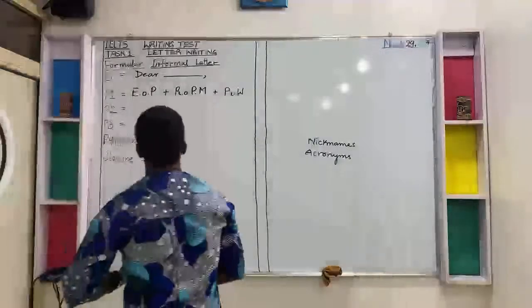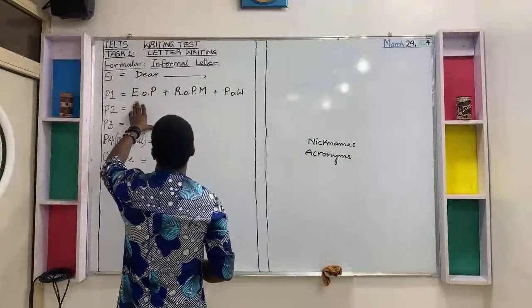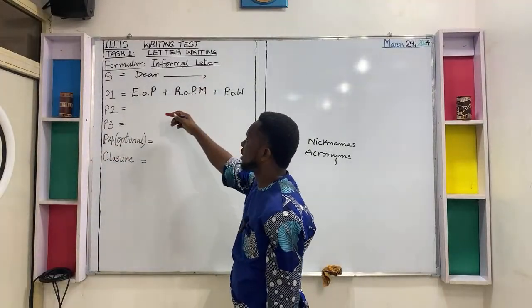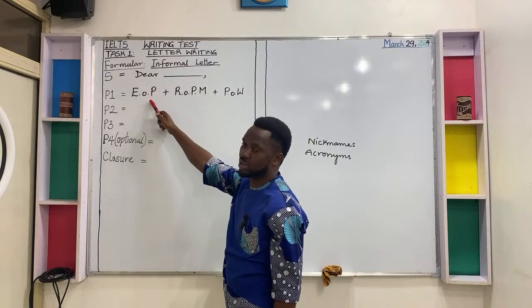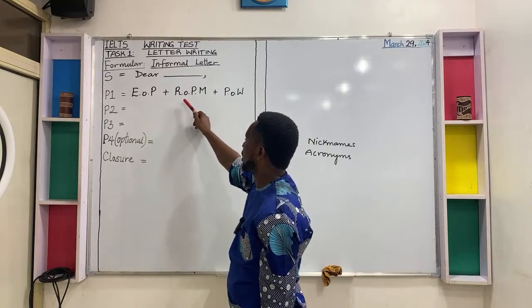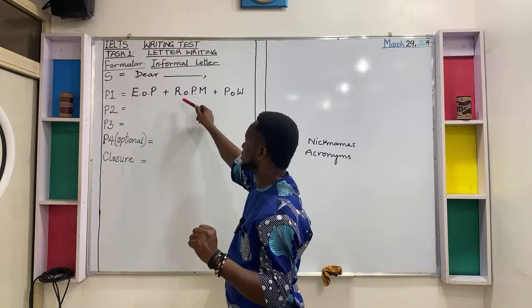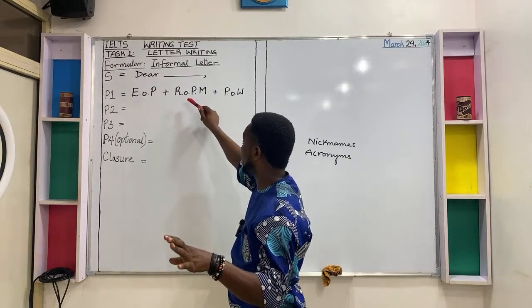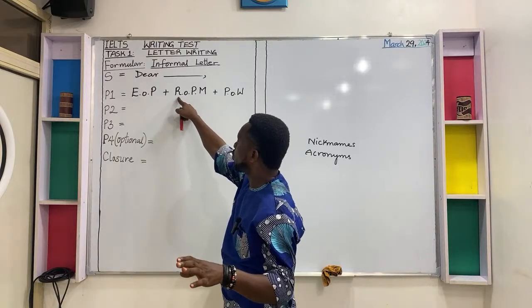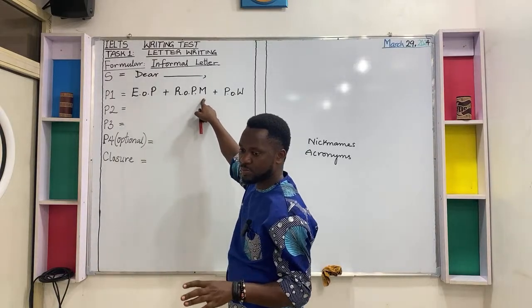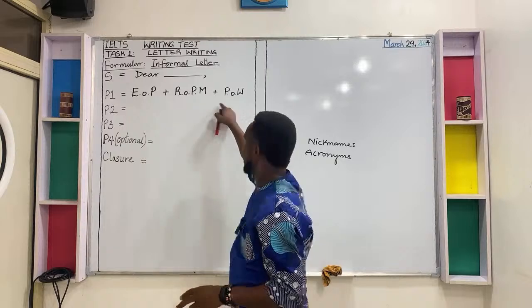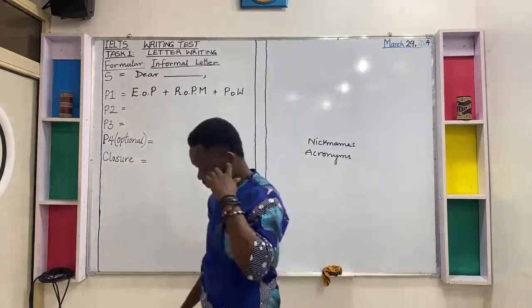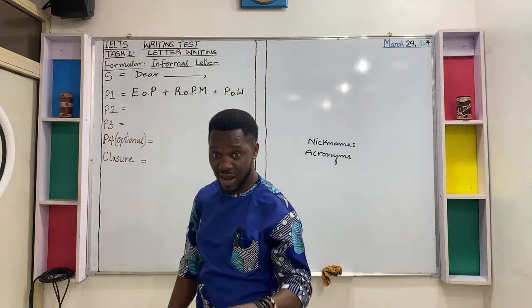Okay, so for your paragraph 1 of the informal letter, you are to exchange pleasantries. You are to draw or reminisce or do a retrospect of a particular moment you had together. That's what we call recall. Then after that, you bring in your purpose of writing. Your purpose of writing.